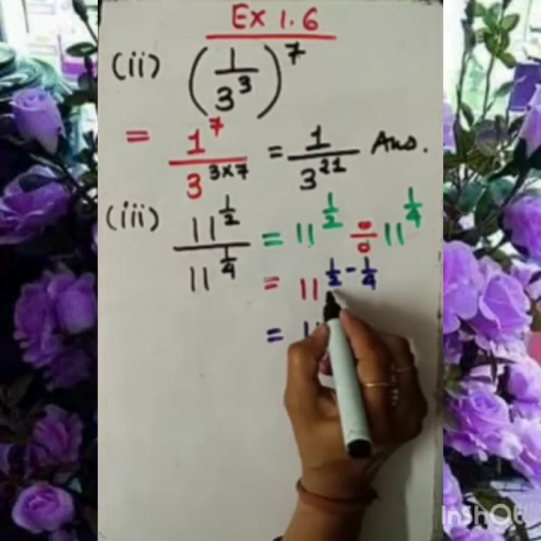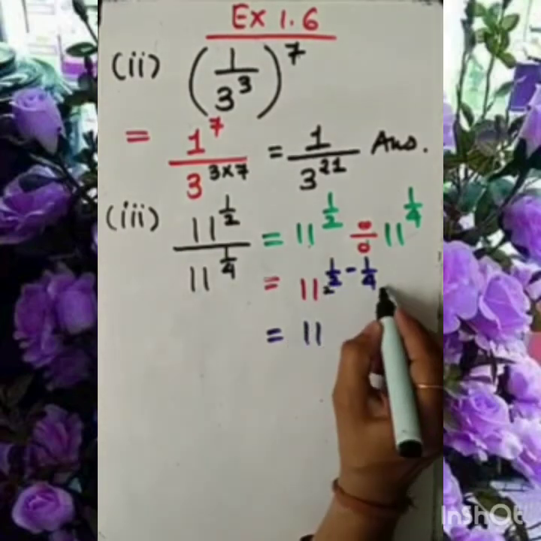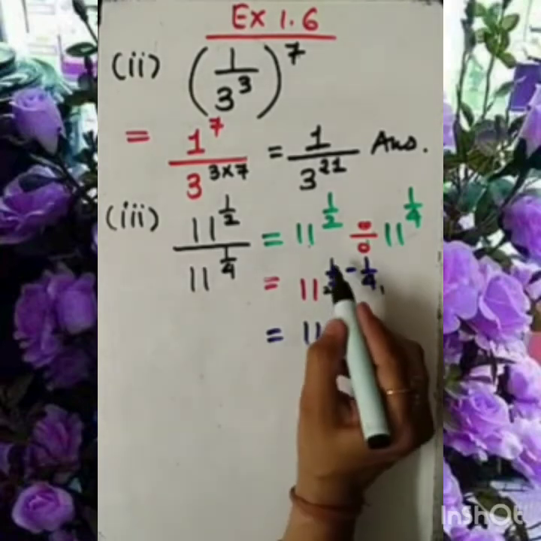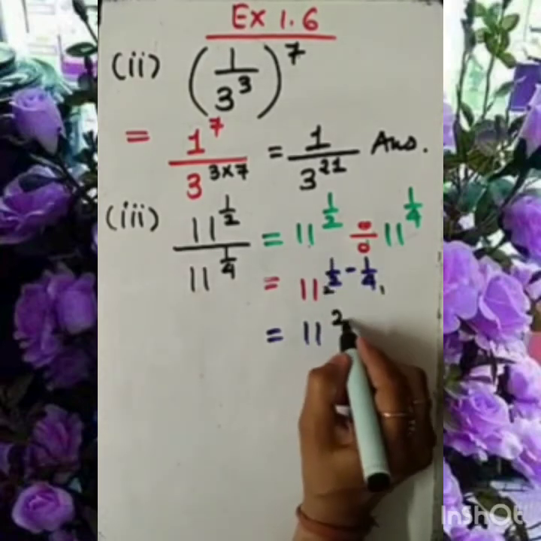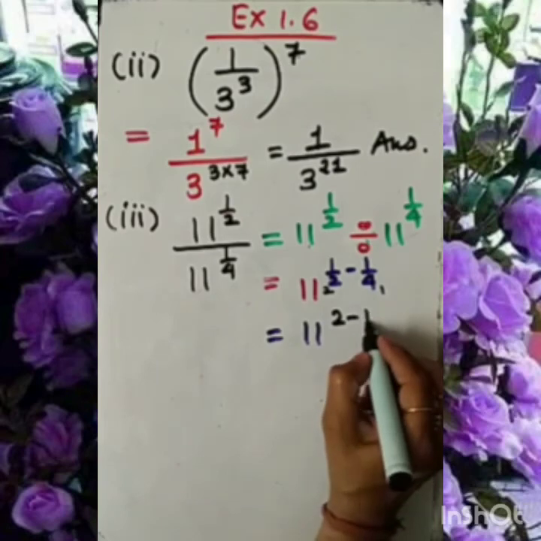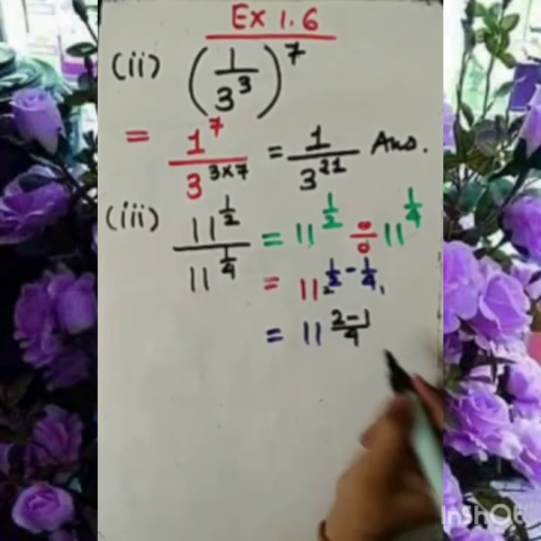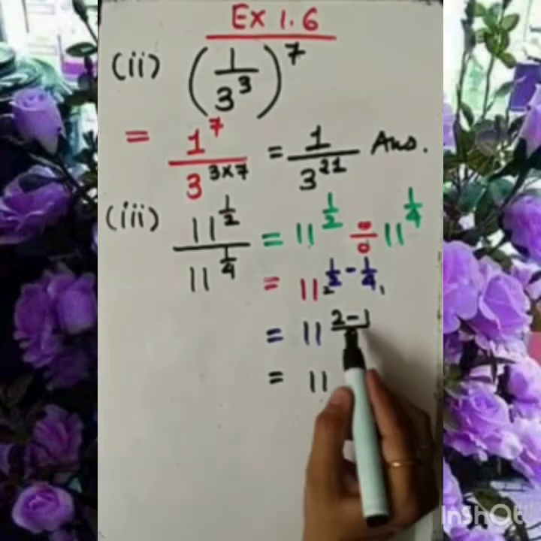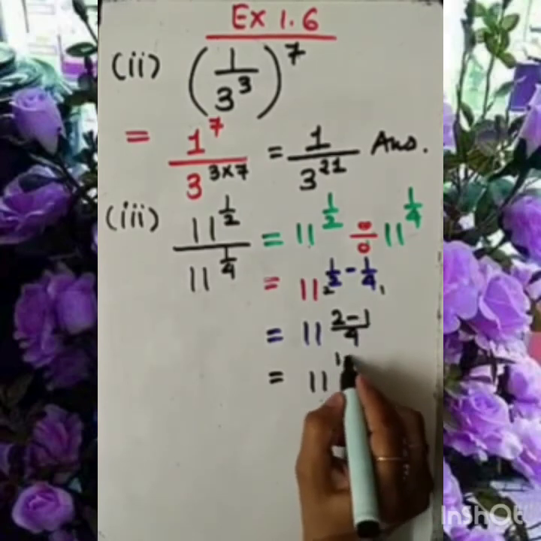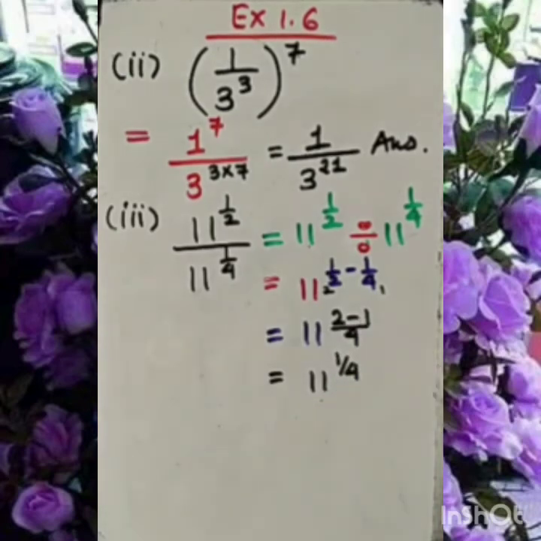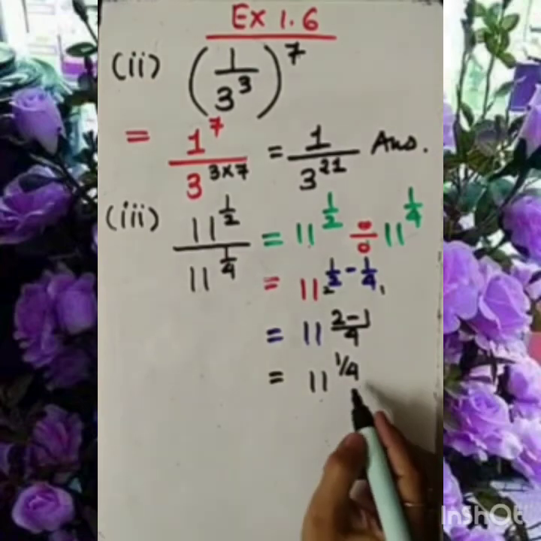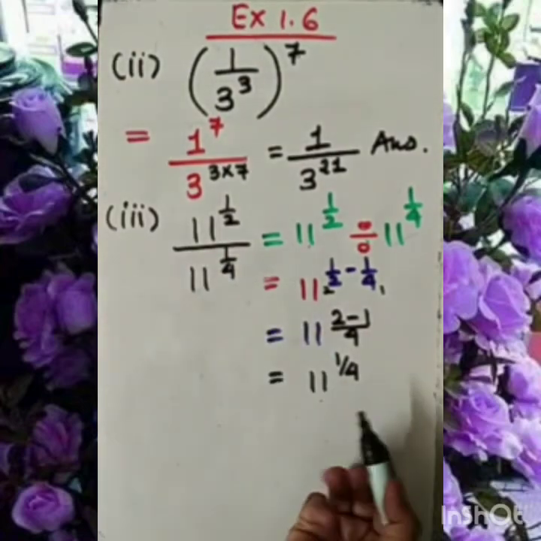So we need to multiply here with 2 and here with 1. So 1 twos are 2, 1 ones are 1, upon LCM 4. So 11 to the power 2 minus 1, that is 1 upon 4. So 11 to the power 1 by 4. This is the solution for this question, which is quite easy.